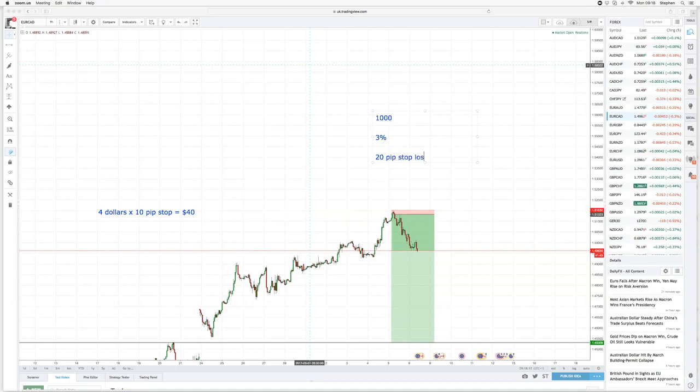In really simple terms, we're going to work out what 3% of 1,000 is. We know that is 30. Then we want to divide the 30 by 20 to get our result.